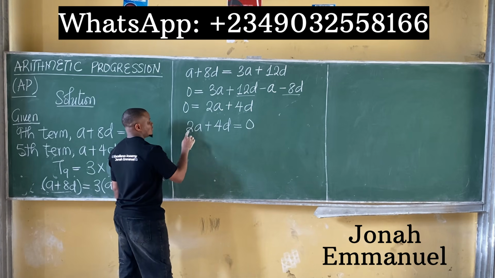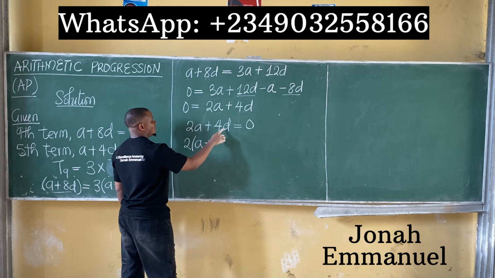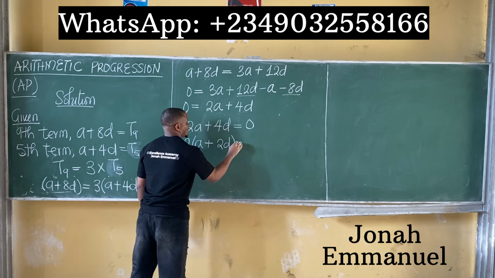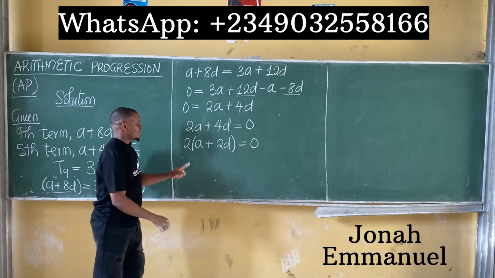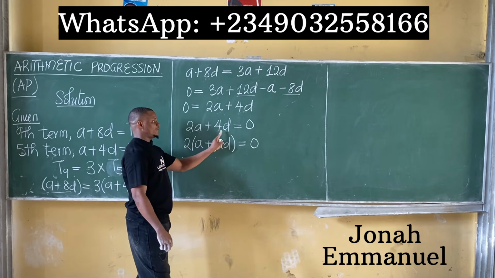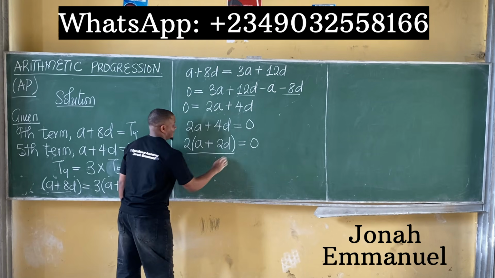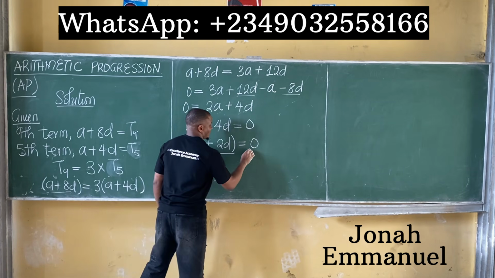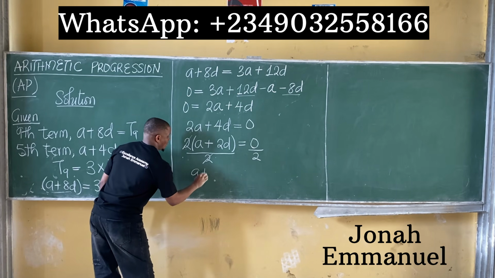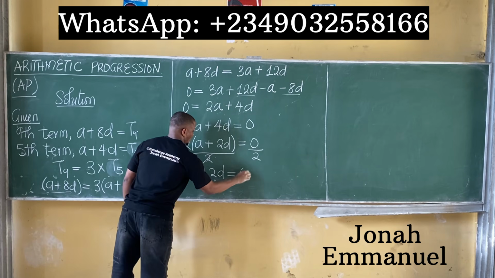Bring out 2: 2A divided by 2 gives A, plus 4D divided by 2 gives 2D. You can expand this: 2 times A gives 2A, 2 times 2D gives 4D, equal to 0. At this point, we can choose to divide both sides by 2. This will cancel, so I have A plus 2D is equal to 0 divided by 2, which gives 0.